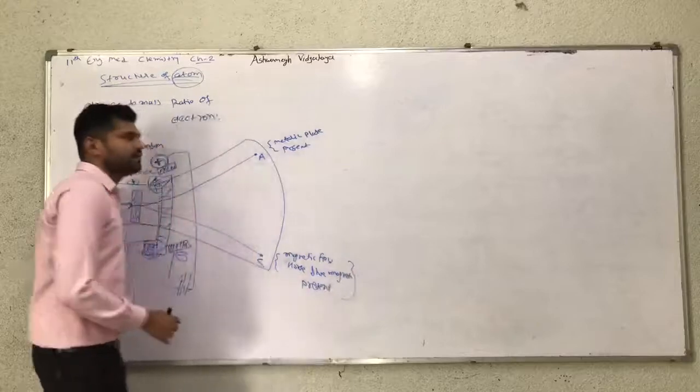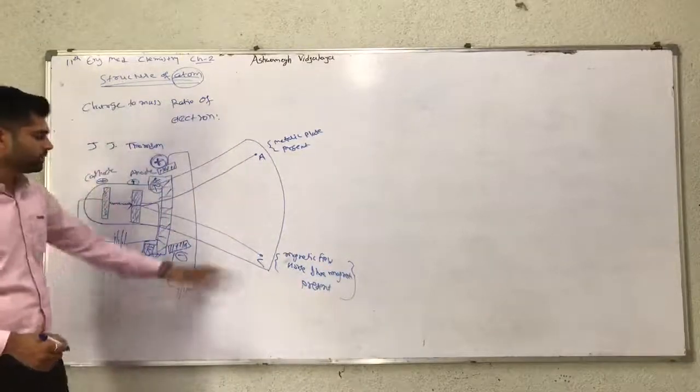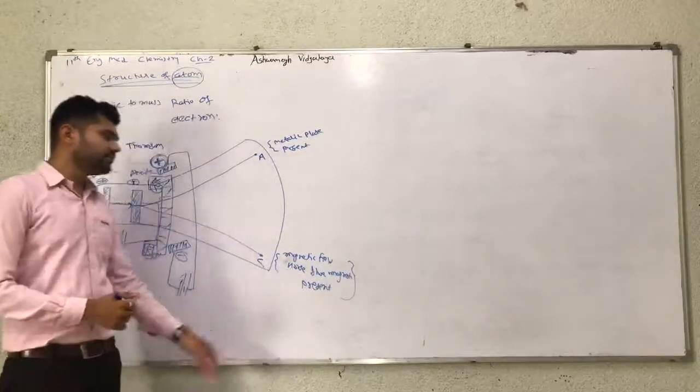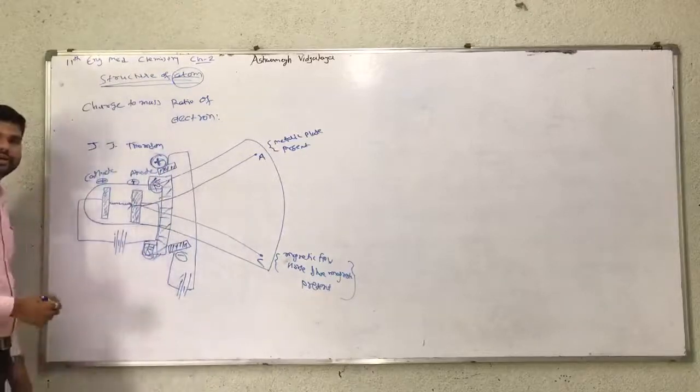Point A is created when the metallic plates are present. Point C is created by the magnetic field of the horseshoe magnet.